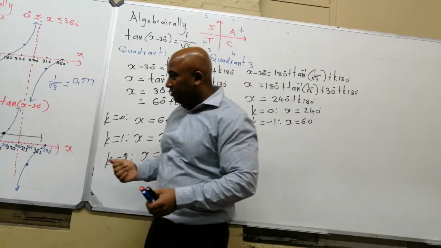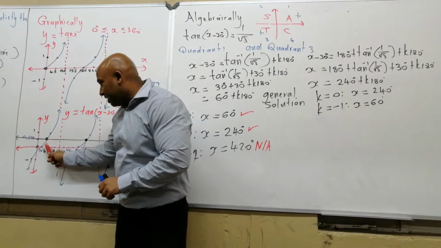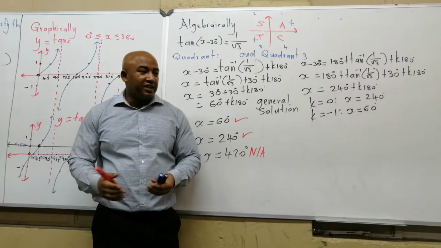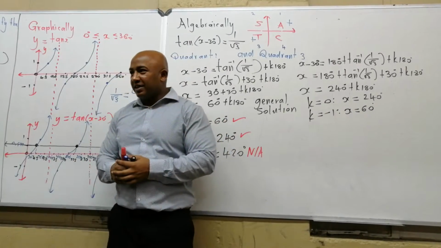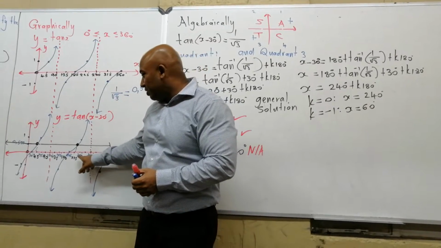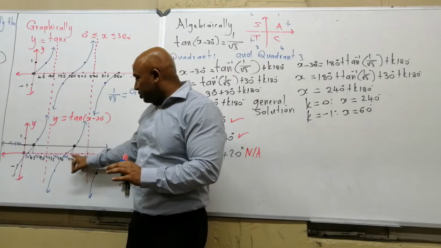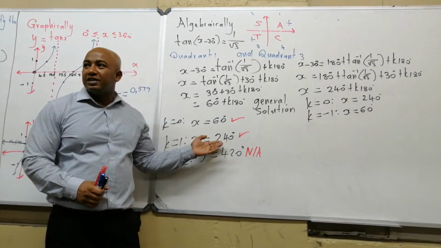Okay, so our graph, because I'm not measuring now, according to the graph, it looks like 45 degrees, but it was not 45 degrees. What was it? It was 60 degrees. Okay. This one looks like, from a rough sketch, 225 degrees, but it was actually 240 degrees.